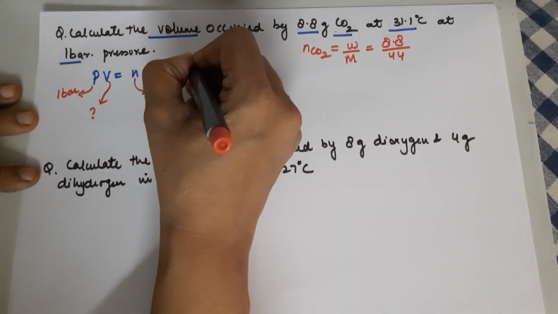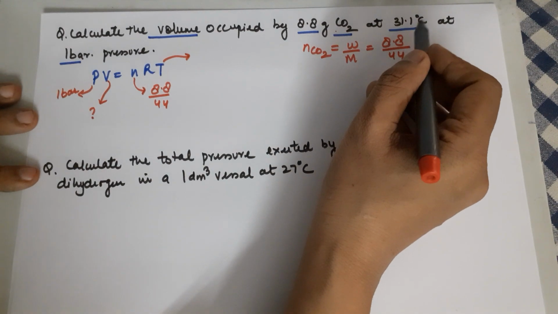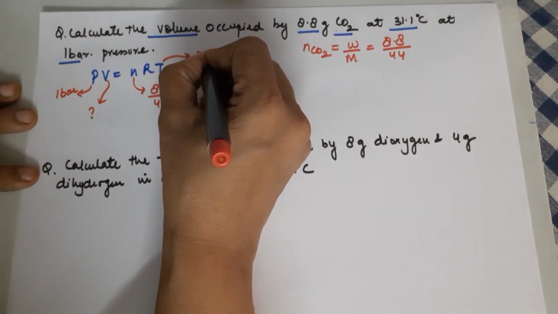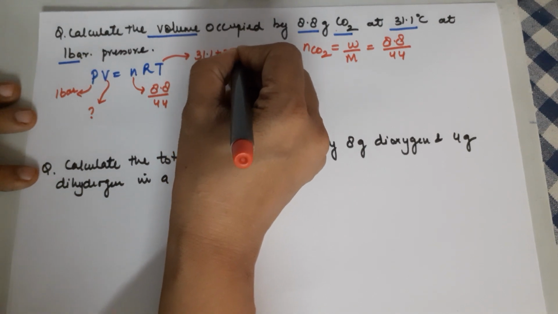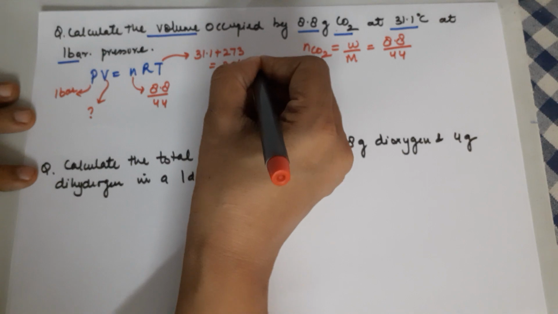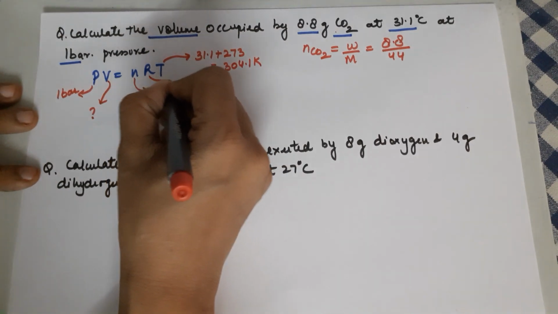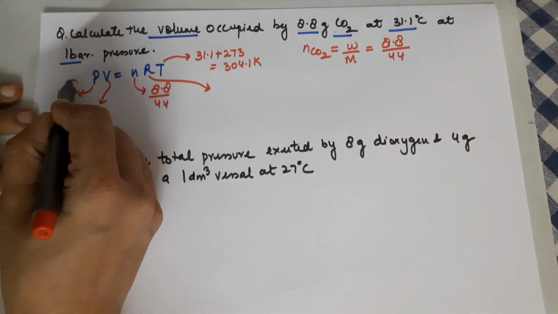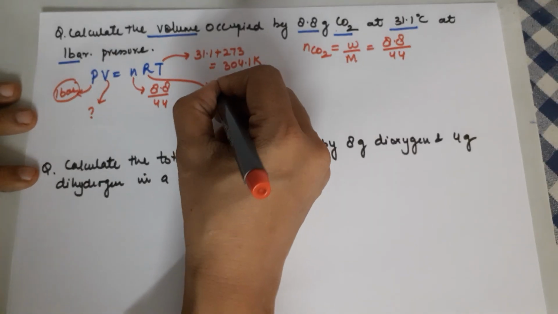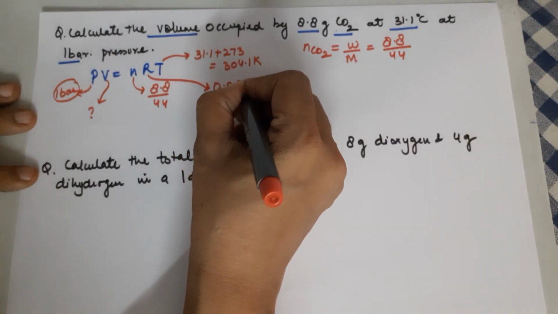The temperature given is 31.1, but it is in degree C. Please convert it into Kelvin. That is 31.1 plus 273, which would be equal to 304.1 in Kelvin. You are left with the value of R. The R value depends on the pressure. The pressure given is in bar, so your R value will be 0.083.